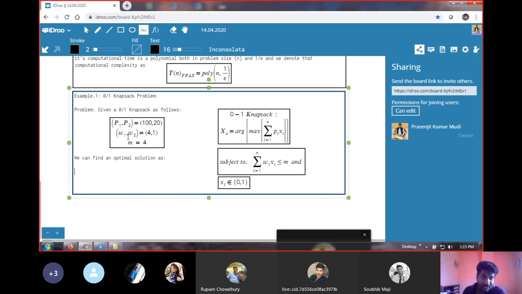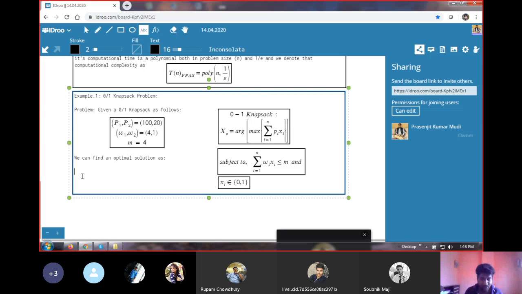But if I take x1 equal to 0 and x2 equal to 1, I shall get the profit as 20 into 1, that is 20, and summation of Wixi will be equal to 1 into 1, which is less than or equal to 4. So out of these two possibilities, in one case we are having profit 100, another case we are having profit 20. So the first choice is the optimal solution.